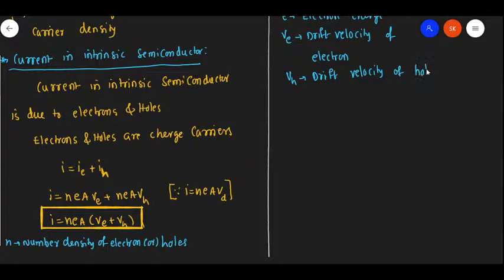A is the area of cross section. These are the terms present in the current formula. This is the current in intrinsic semiconductor. Now let us continue.